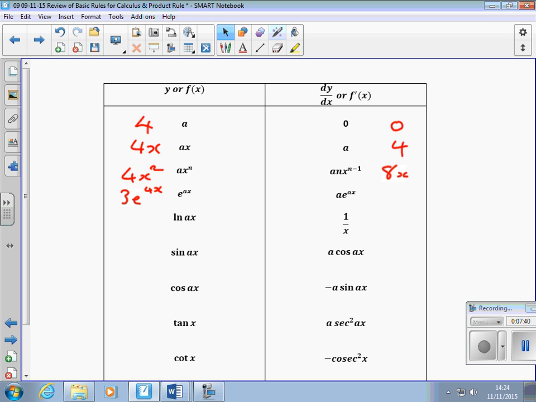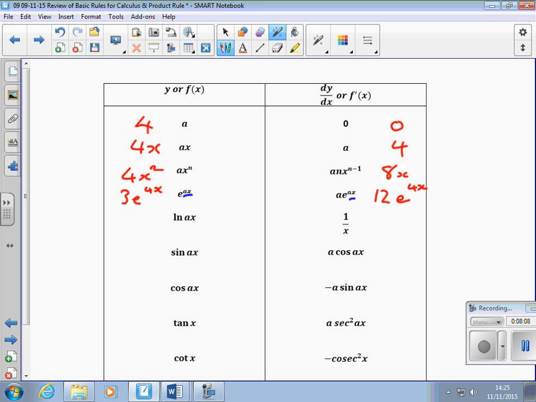This rule doesn't tell us, though, what to do with the 3. So basically, in that situation, what this rule is saying we do is we bring down the 4 and times that by whatever number is already there. So 4 times 3 is 12. E, and then if you look at this particular case, the power doesn't change. So if it was 4x, ax, in other words, it stays as ax, and a special function.